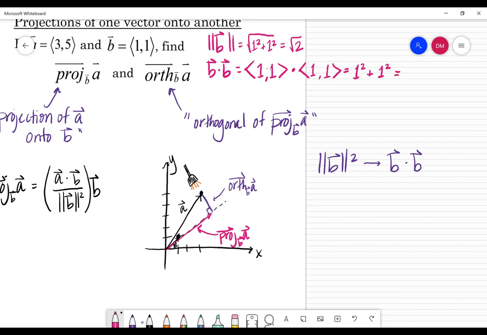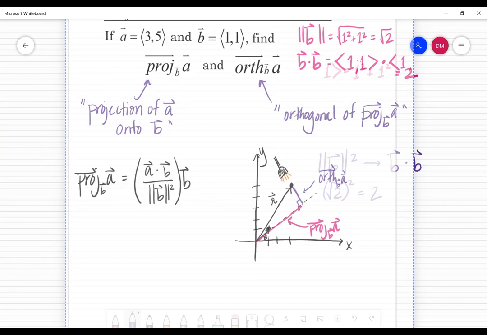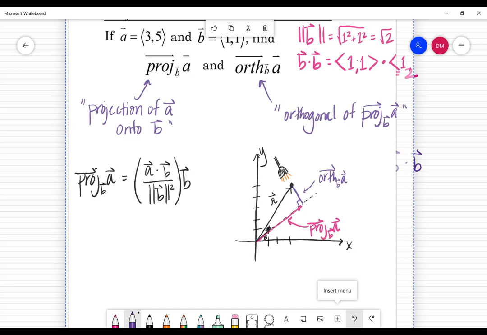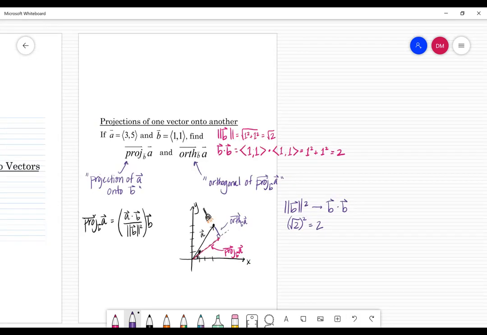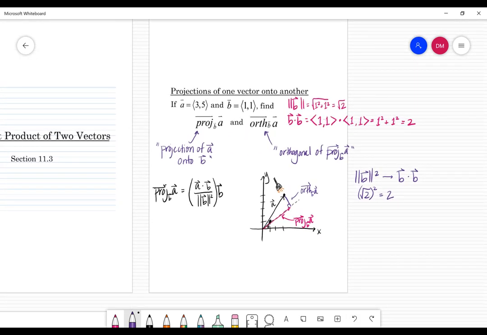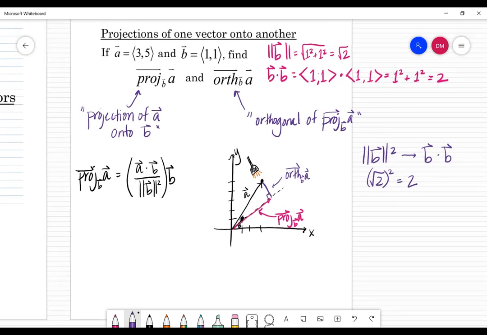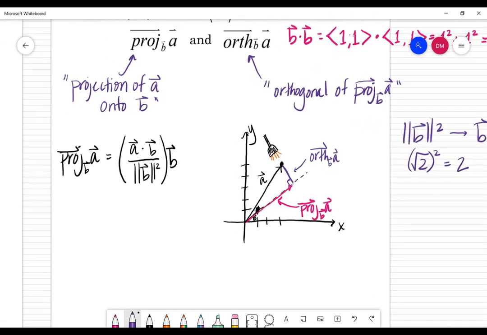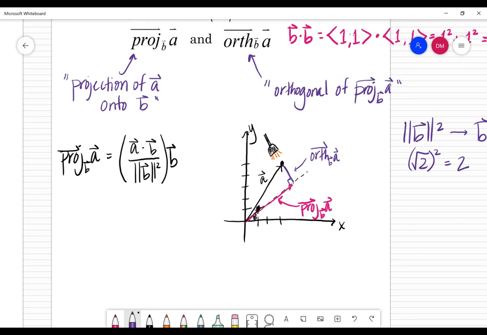So again, I get 2 for this, but keep in mind that this magnitude of B squared is going to be equal to just 2, which is our dot product there. So you might see this written either way. Okay. So you might see it written as the magnitude of B squared. You might see it as B dot B.